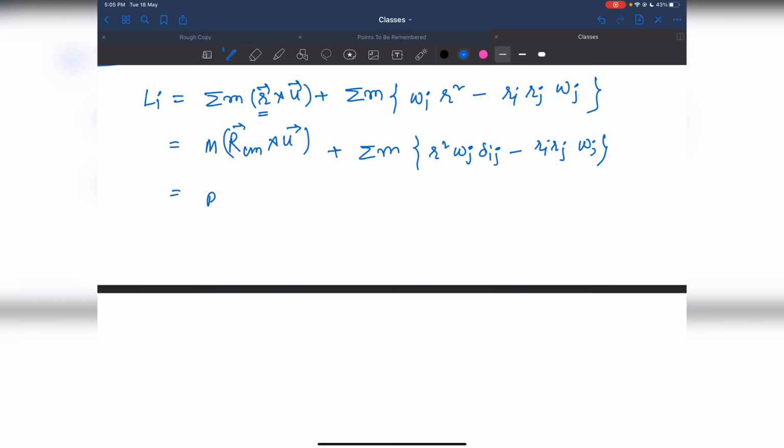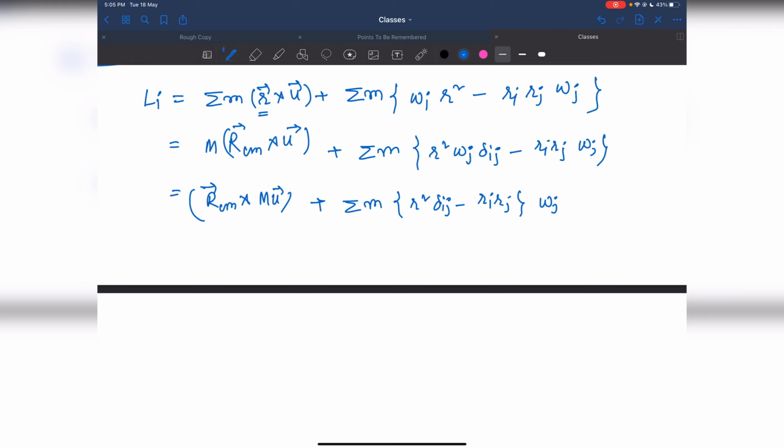Now I can take the r out: rcm cross mu, plus summation m (r square del ij minus ri rj) omega j.